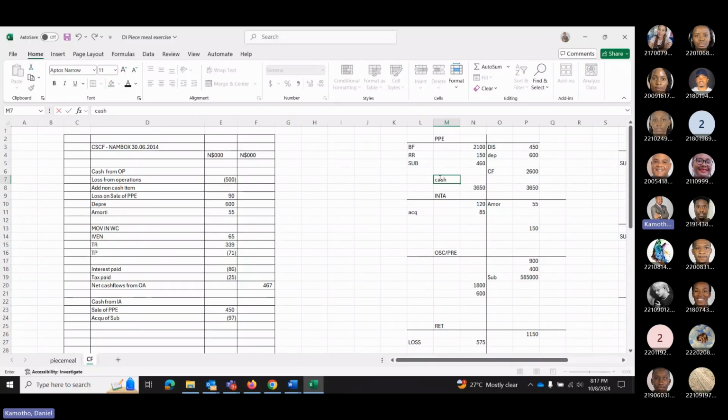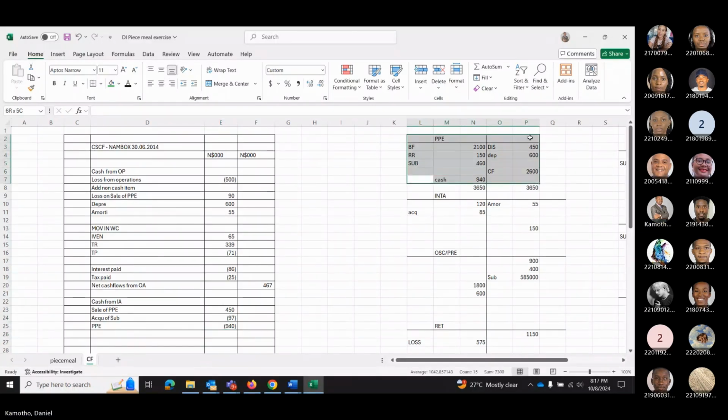If we debit here, it means we are crediting the cash, which should be equal to the balancing figure. So we are saying there is an acquisition of PPE, and we have a minus of this amount here, which we have paid for PPE. So that account is now closed.